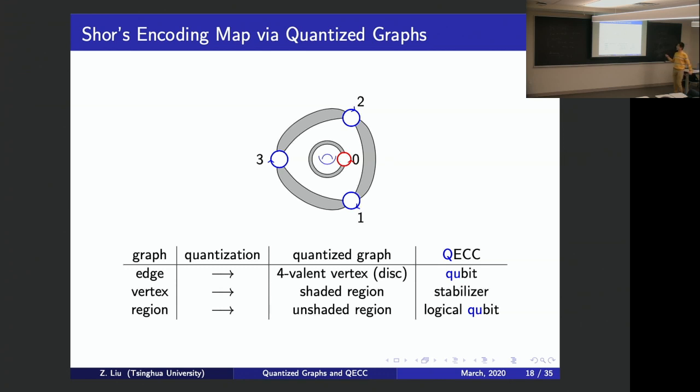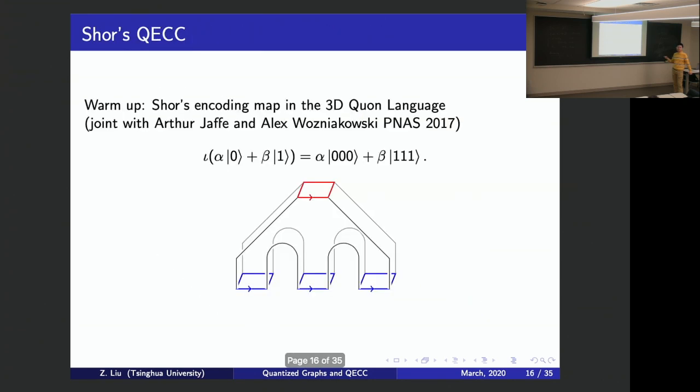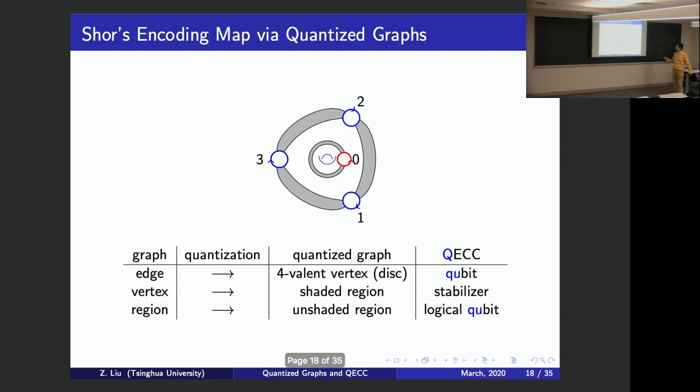I claim this map is also Shor's encoding map. It has 1 input and 3 outputs. This map looks different from that map, but algebraically they are the same. So one algebraic map can have different pictorial representation, and this one is more useful to design error correcting codes.